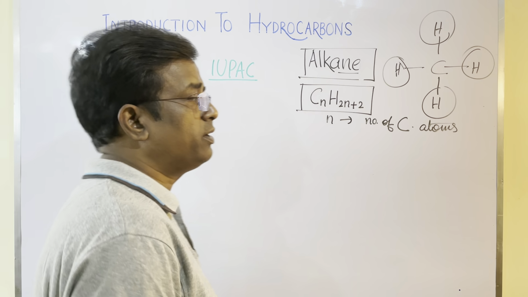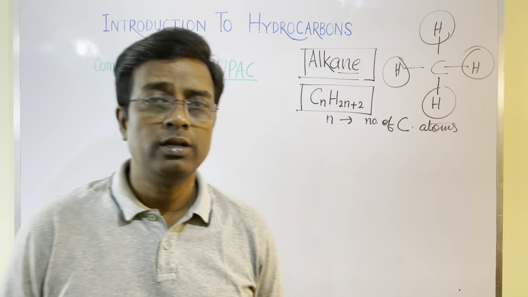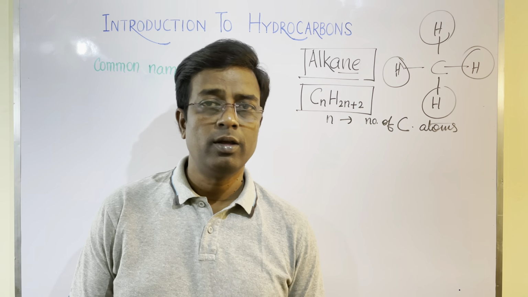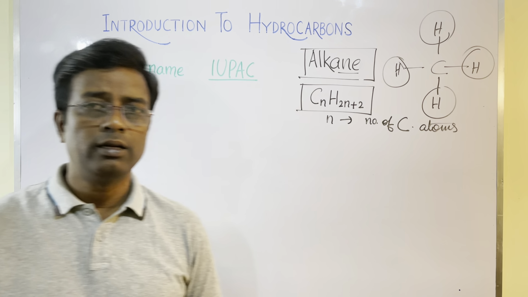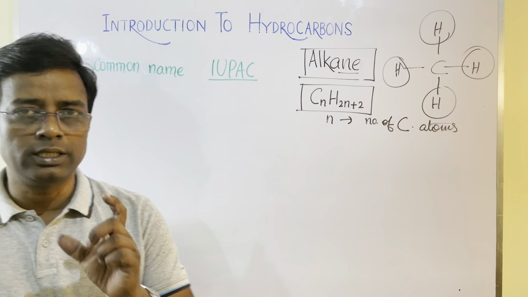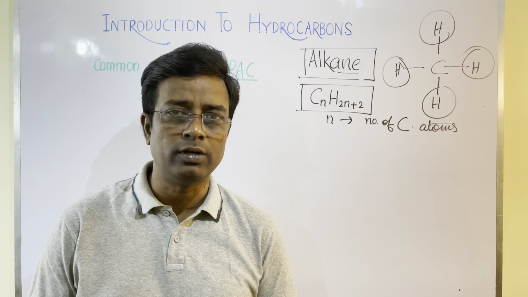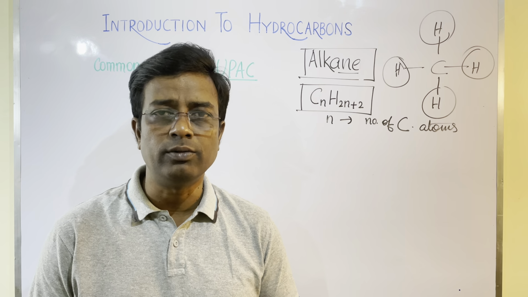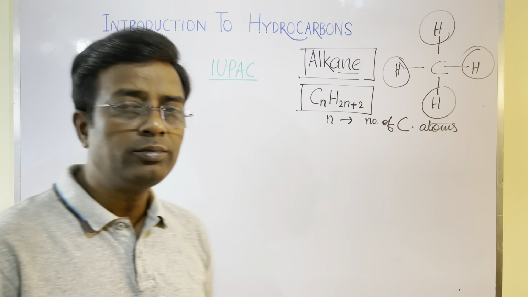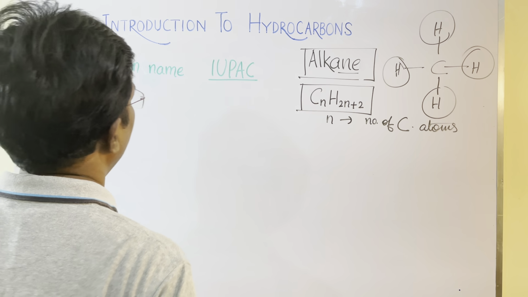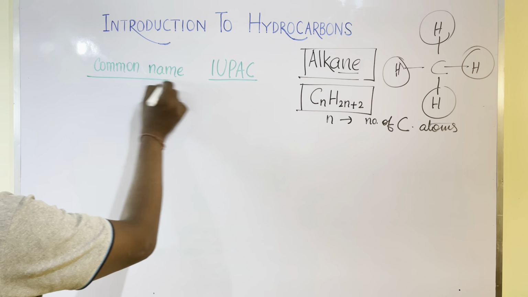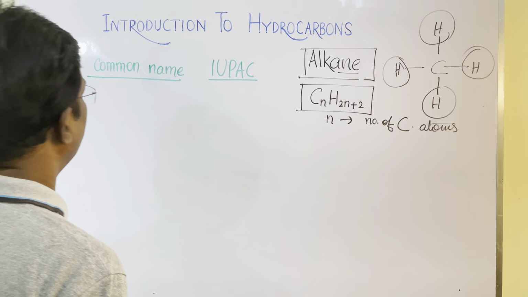IUPAC stands for International Union of Pure and Applied Chemistry. This organization decides certain rules, and those rules are followed while naming a particular compound. We'll come to that later on. But first, the IUPAC system of nomenclature.